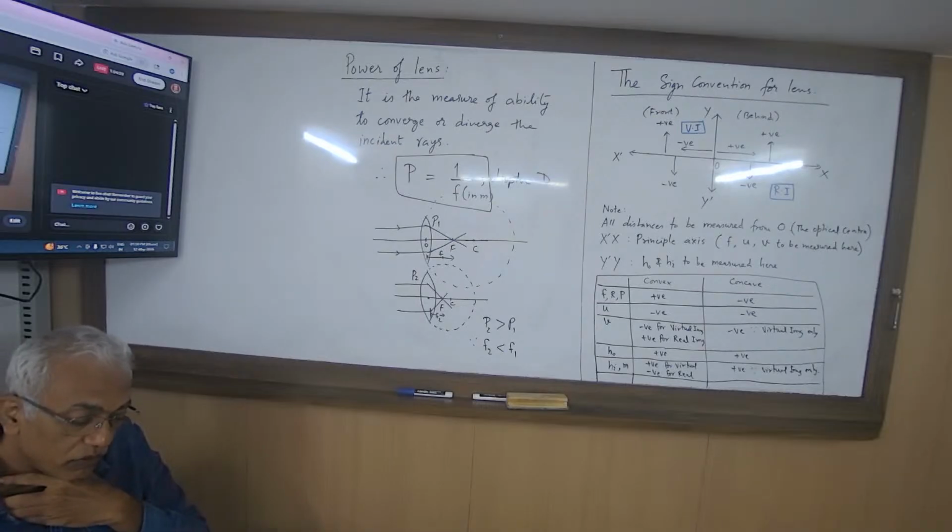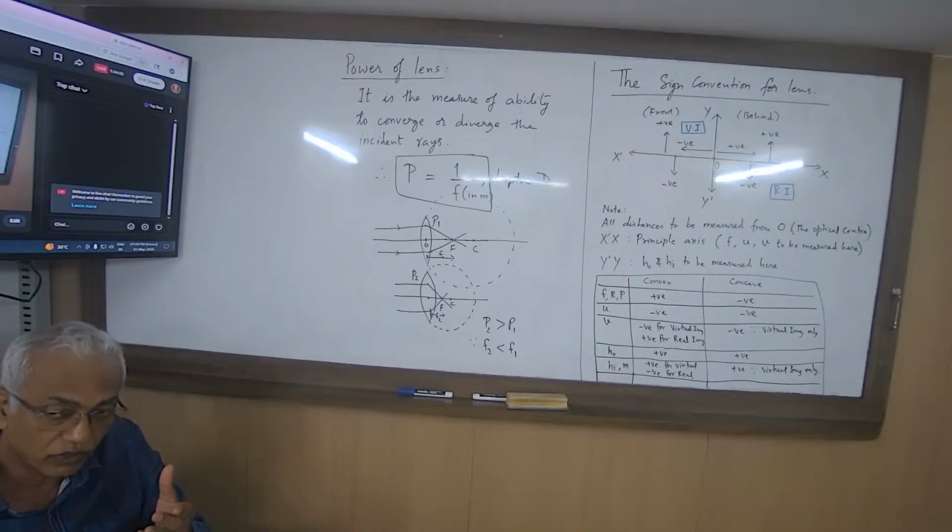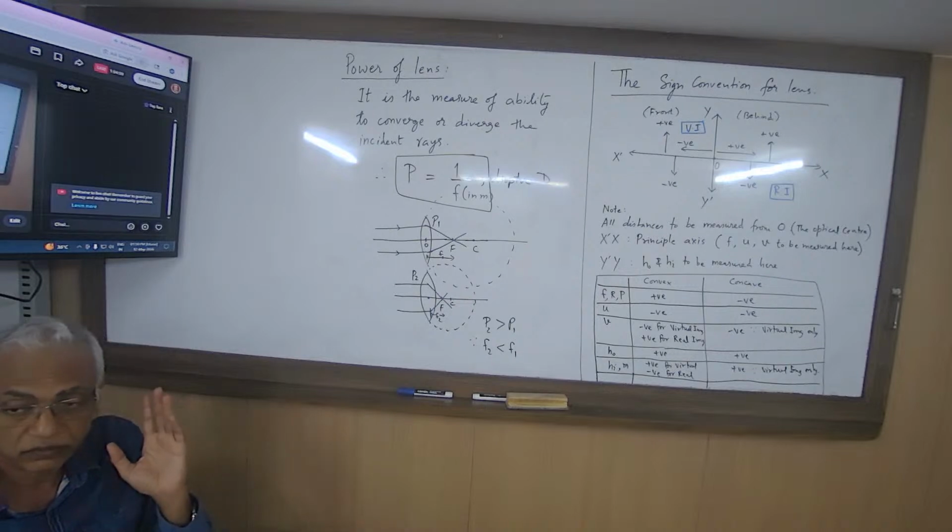What is meant by absolute refractive index? Your turn. Absolute refractive index means the first medium is air. Keep it simple: the absolute refractive index of a medium is its refractive index with respect to air.